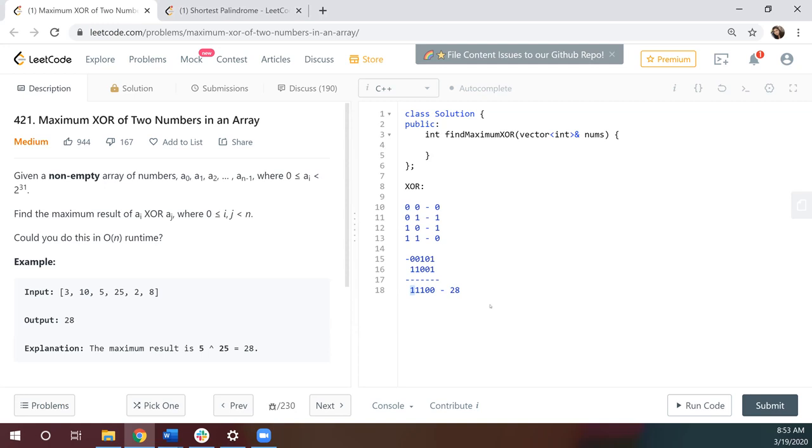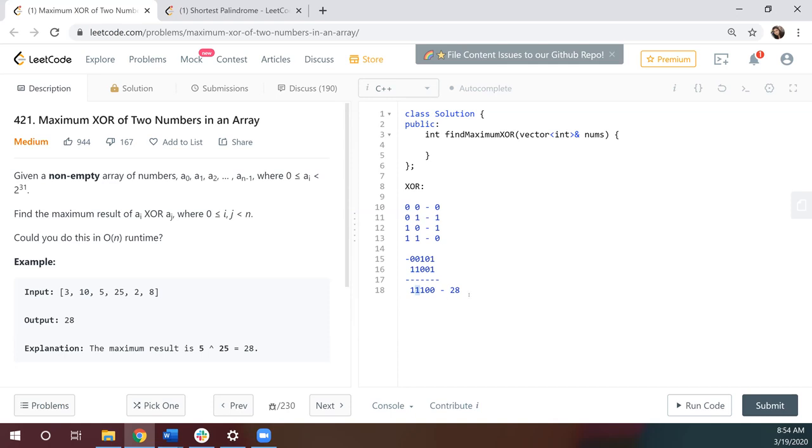That makes sense, because if we have a 4-digit binary number, whatever has 1 at the extreme left position would be the best answer.